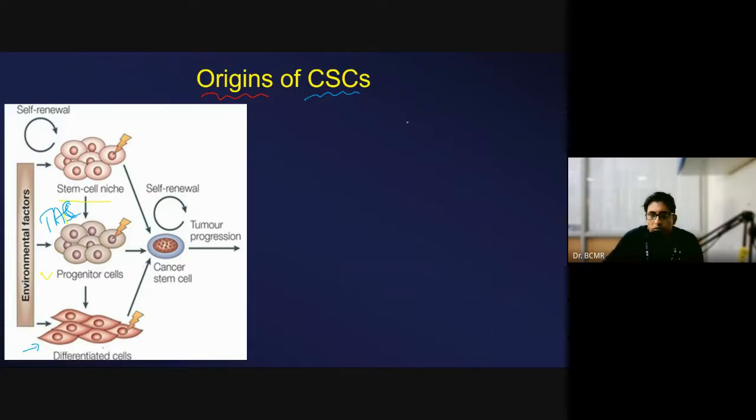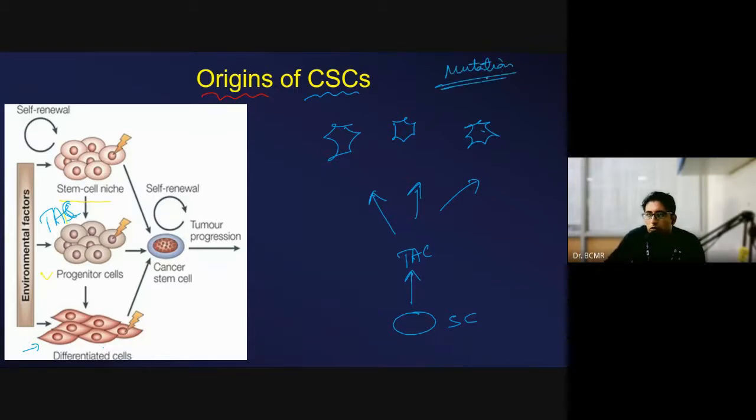This requires a bit of a discussion that I will try to cover. Say stem cells, and the stem cells will give rise to transit amplifying cells, and the transit amplifying cells will proliferate rapidly, and they would eventually give rise to differentiated cells, right? If we remember what I was discussing in the mutations lesson, many mutations happen spontaneously.